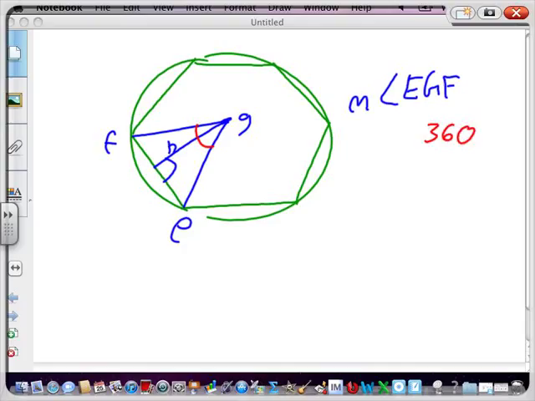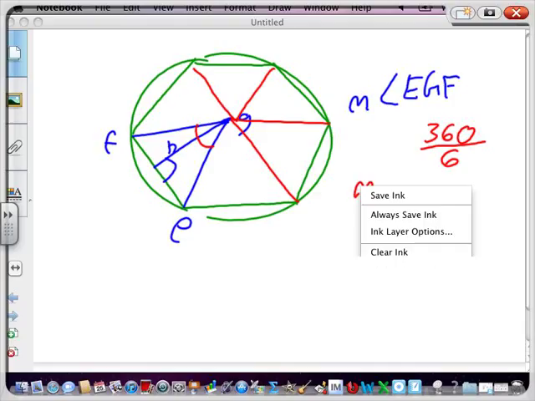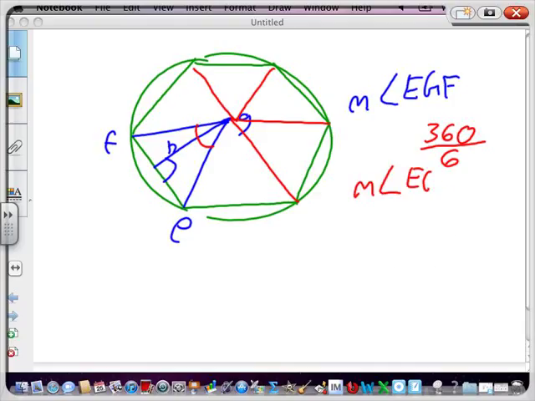If I broke this up and made a bunch of triangles in the center, how many would I have? 6. So I take 360 divided by 6, and the measure of angle EGF equals 60 degrees, because it has 6 sides, so we divide the central angle by 6.